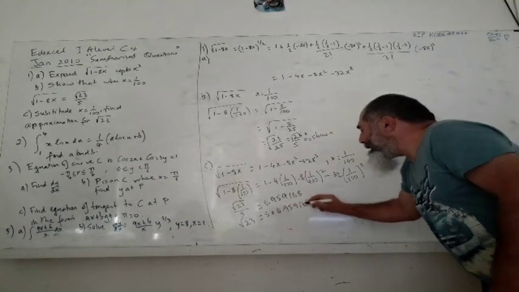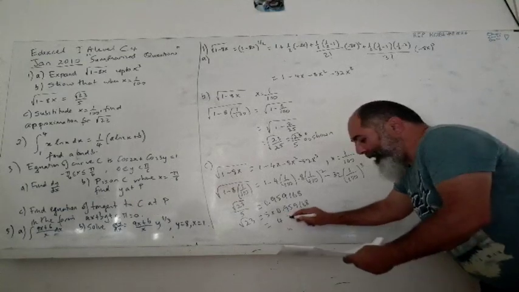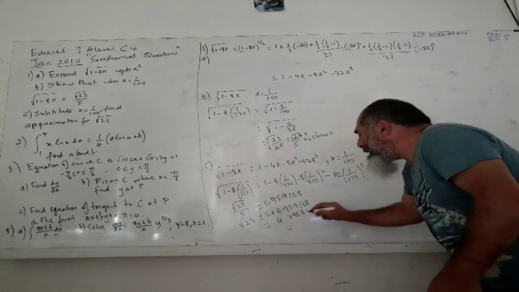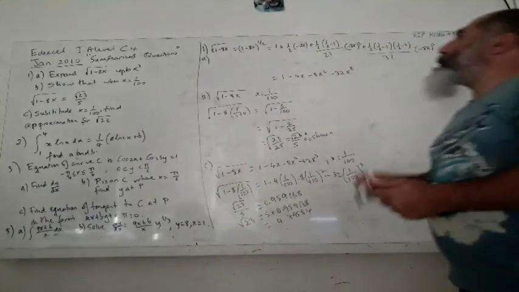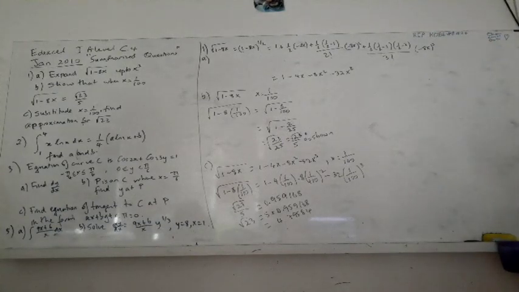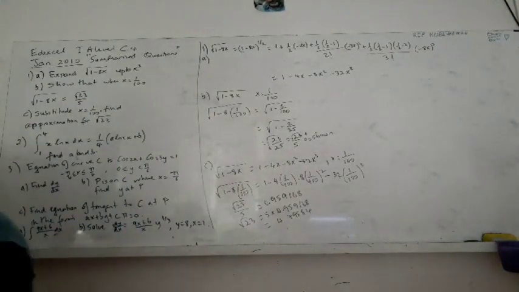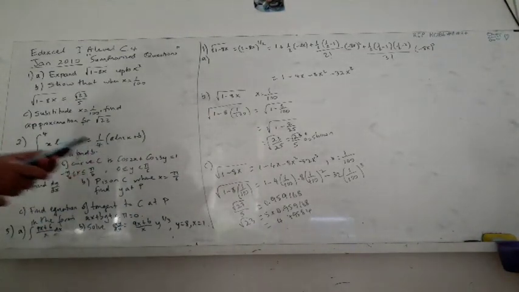And the answer is going to be 4.79584. Yes. Do you have any questions from question 1? If you don't have any questions, I am going to take the picture and send it to you so that you can revise it.